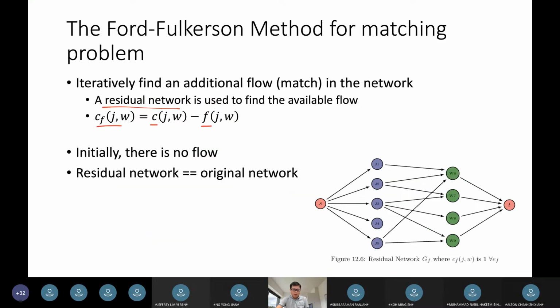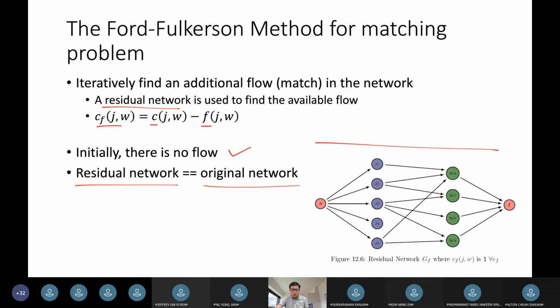At the beginning, because there's no flow, the residual network is equal to the original network, so they are identical. For example, this is the original network, and it is also the residual network at the beginning.